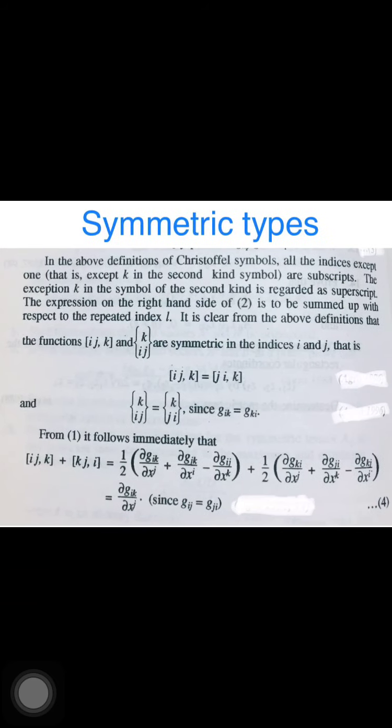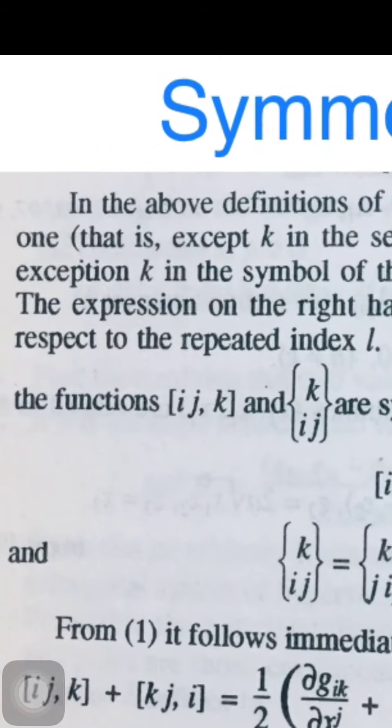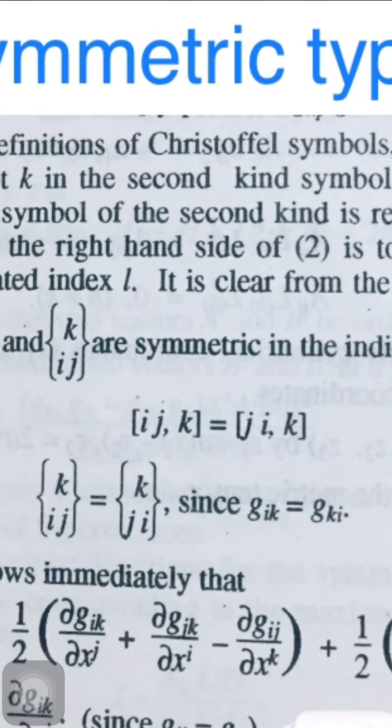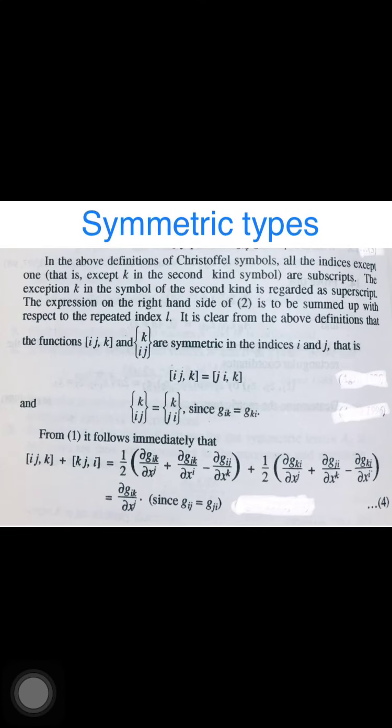Now we are taking the symmetry of the symbols. In the above definition of the Christoffel symbol, all the indices except one, that is except k in the second kind symbol, are subscripts.